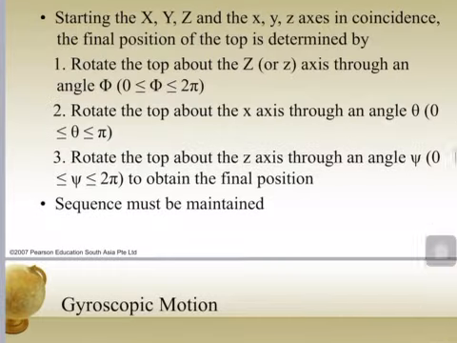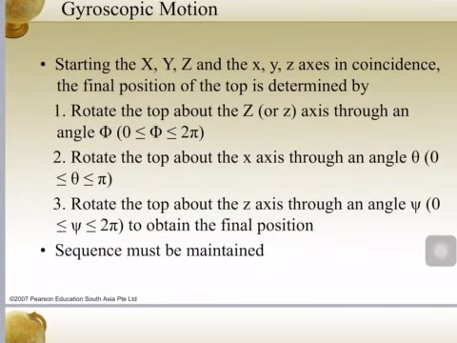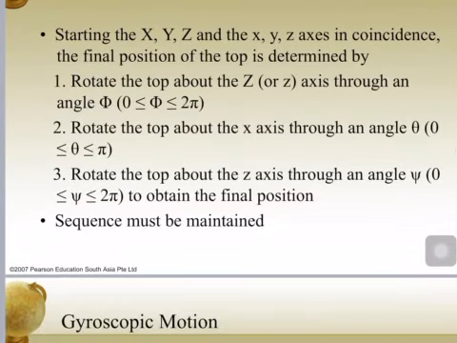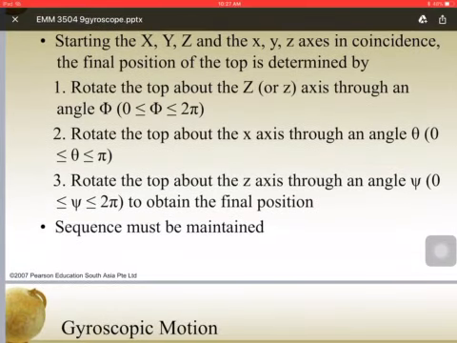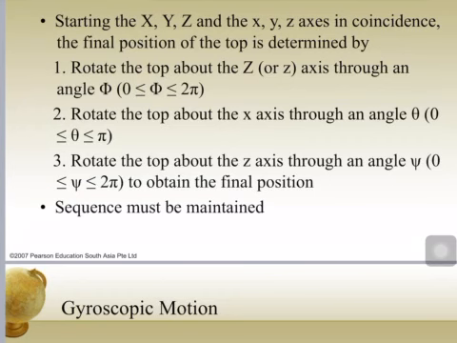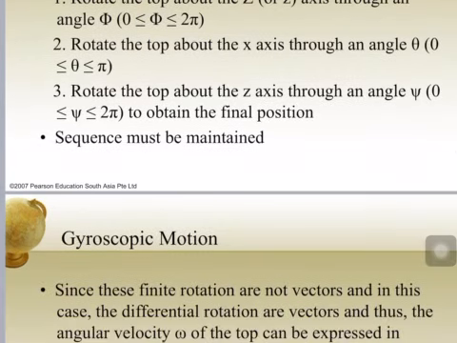And the last one is the third step. Rotate the top about the z-axis through an angle phi to obtain the final position. So this symbol is the symbol of spin.